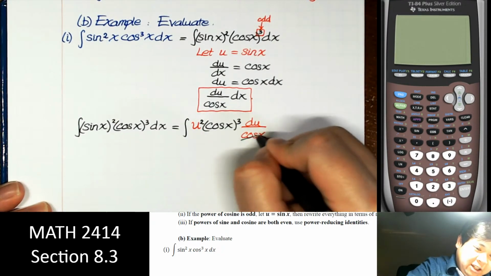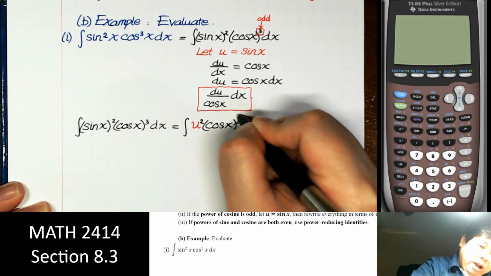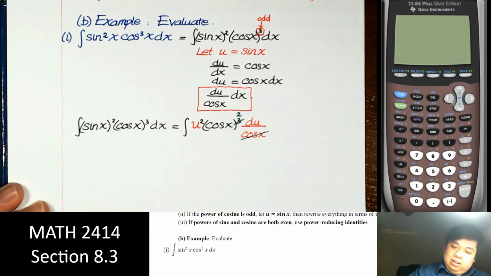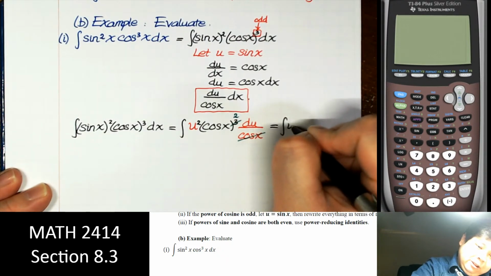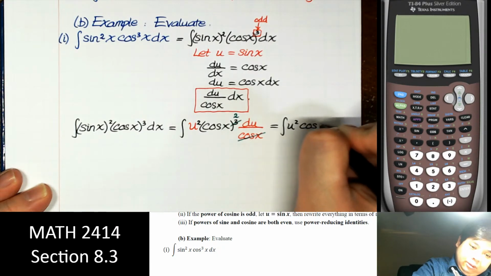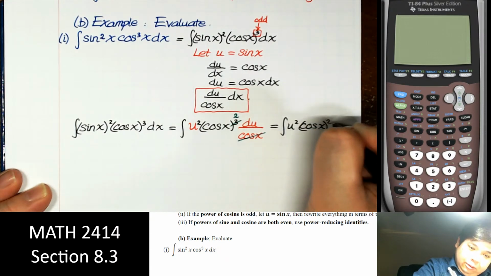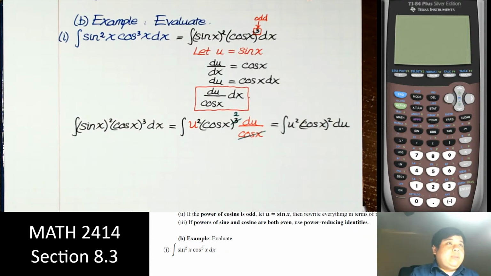And then the cosine of x cancels with one of the cosines. There are 3 of them, so we have 2 left. So that's good, but we still have cosine of x though.